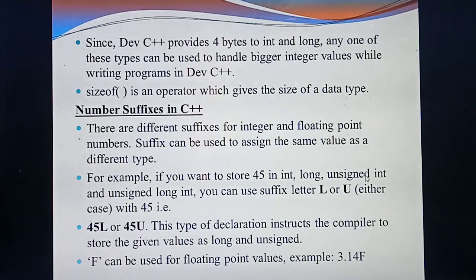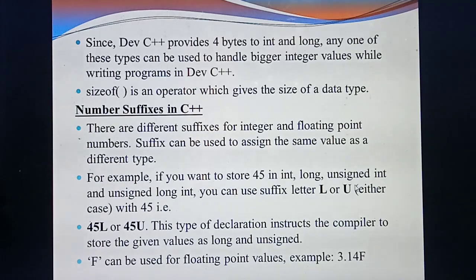For that you are going to use a suffix letter. Long int you give with the letter L, and unsigned you define with the letter U. For example, you give 45L.